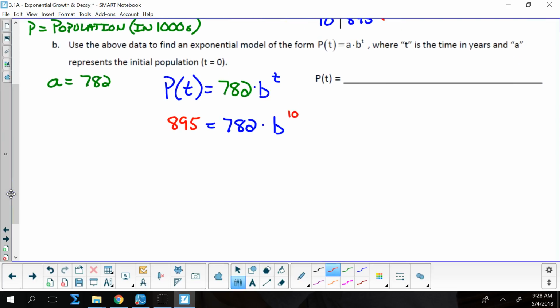First thing that I would do is divide both sides by 782. So we get 895 divided by 782 equals b to the 10th power. I want to solve for b, so I'm going to take both sides to the 10th root.